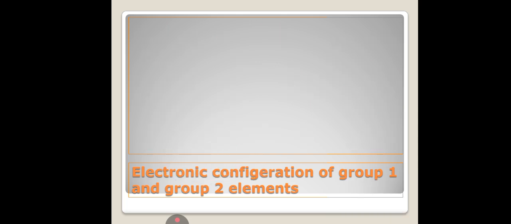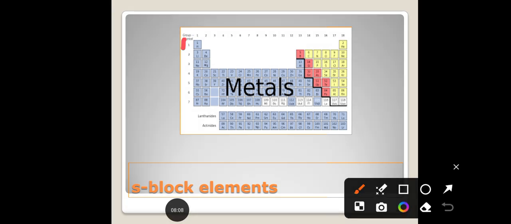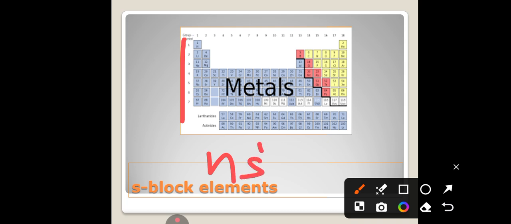If I go back to the periodic table, students, lithium, the first one, sodium, potassium, rubidium, cesium. All these group 1 elements have the general formula ns1. That is, all of them have one valence electron in the s orbital only.